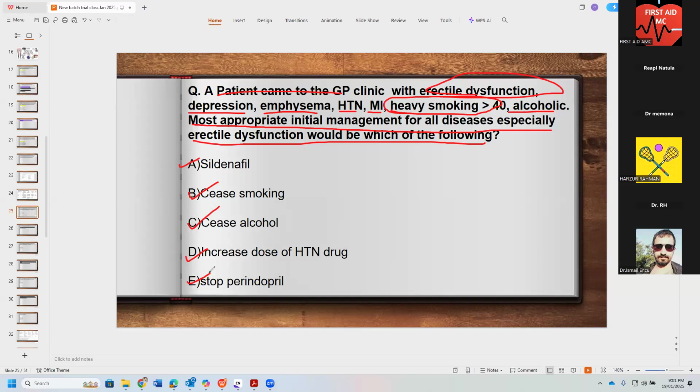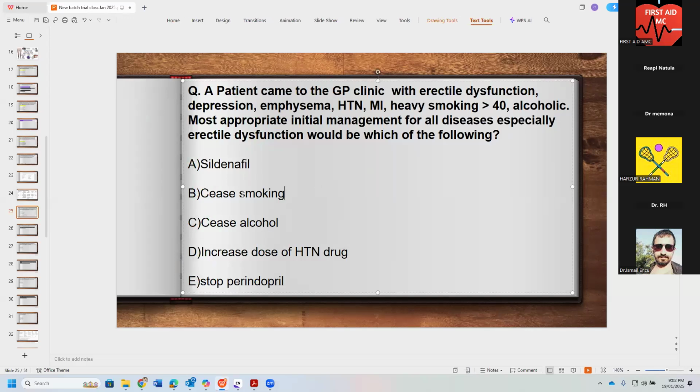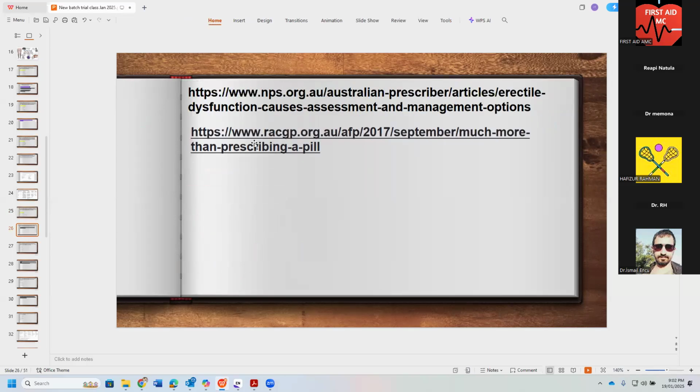Stop perindopril. If the patient is on perindopril and responsive to that, there is no indication to stop it, because it doesn't cause any problems with erectile dysfunction. Alrighty. So our answer is cease smoking. Everyone agrees with that? Any queries you have regarding why B is the answer? No? Okay.